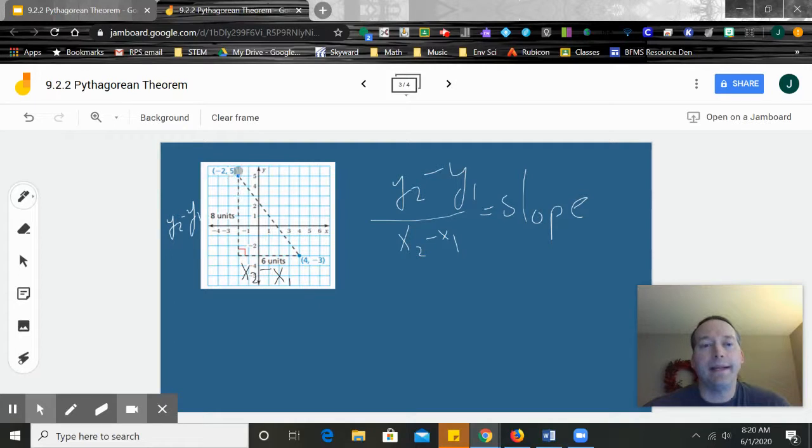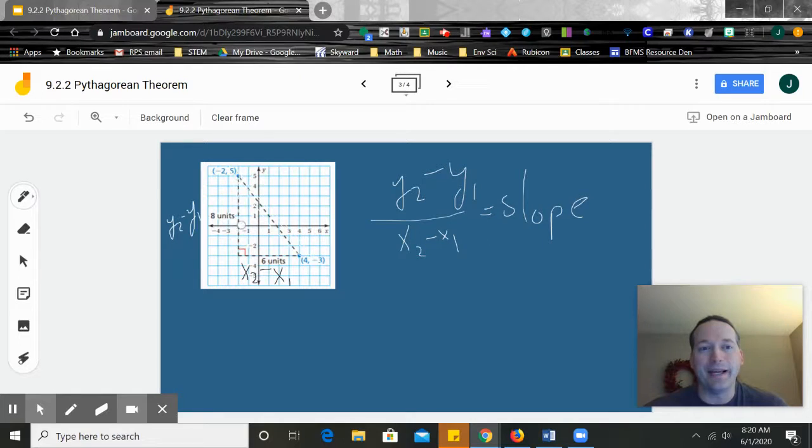Well, we can break any motion from one point to another into a change in y divided by the change in x. That should be very familiar to you. That's called the slope. Now, if you look at it, when we break it down into the rise over the run, isn't that just a right triangle?